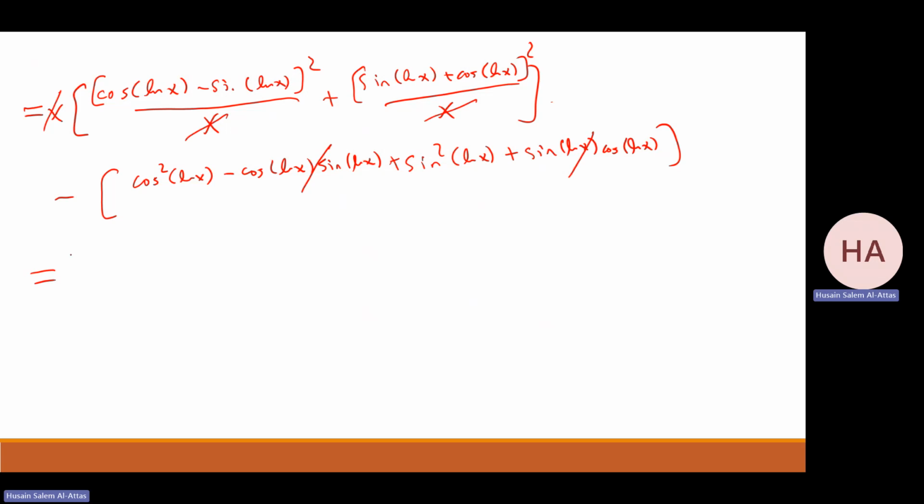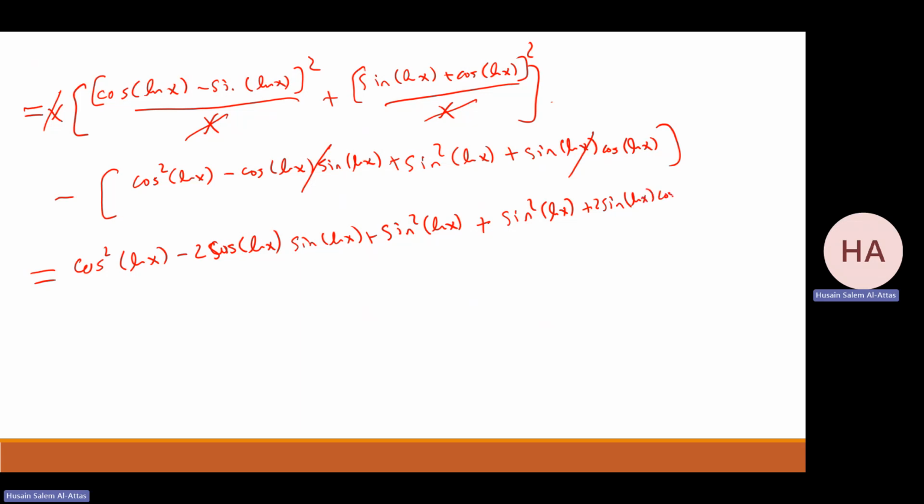Okay. So I have cosine square ln x minus 2 cosine ln x sine ln x plus sine square ln x, plus sine square ln x plus 2 sine ln x cosine ln x plus cosine square ln x, minus 1 times cosine square of ln x plus sine square of ln x.